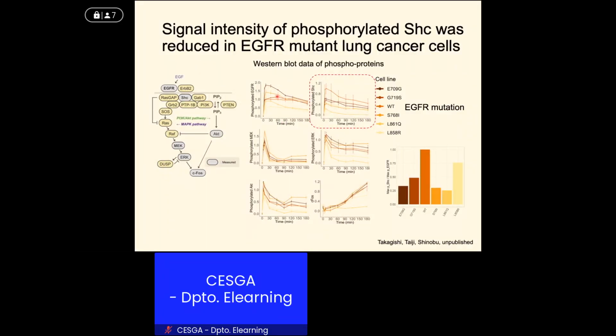It's complicated, but you can see that the dark color comes to the top here and around here, but only for SRC this dark color comes lower. So we saw that there might be an effect of this EGFR mutation affecting the interaction between EGFR and SRC.